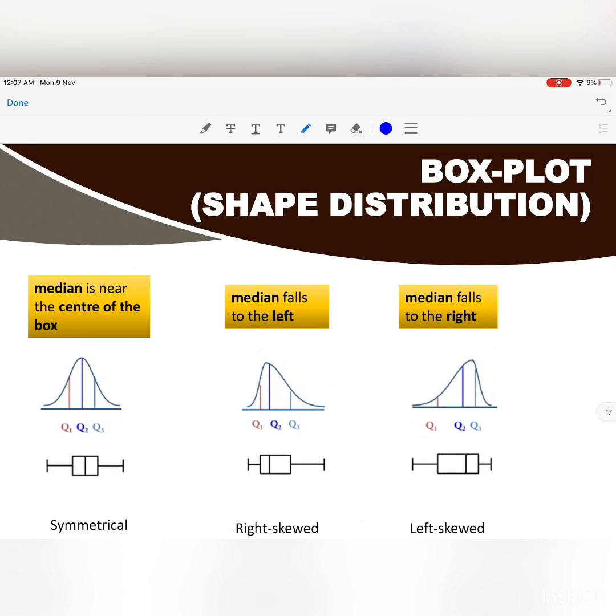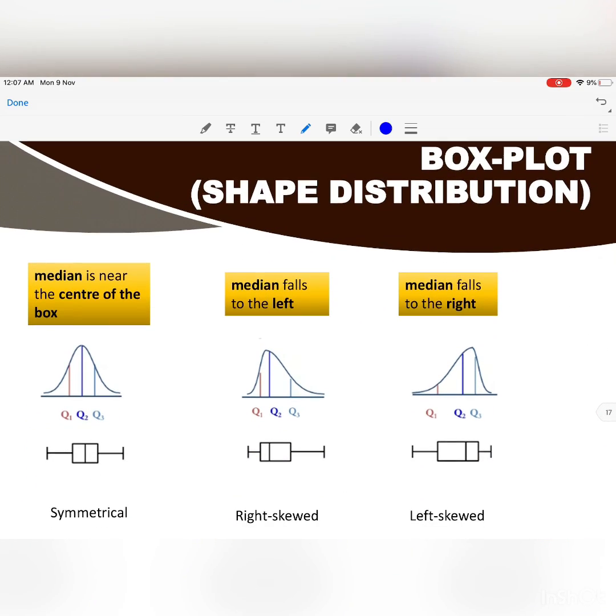So this is the shape of distribution for the box plot. We have three shapes of distribution. You must look at the box here. If the median is near the center of the box, that is symmetrical.